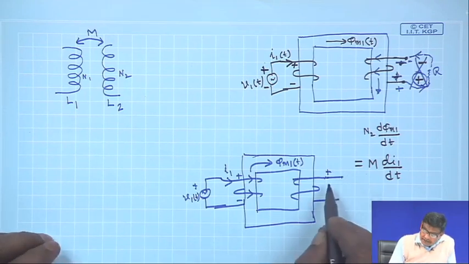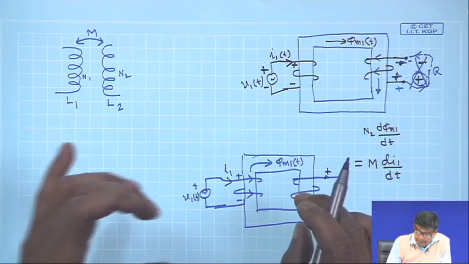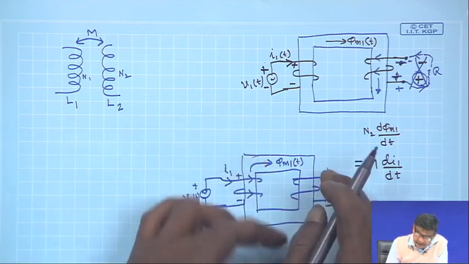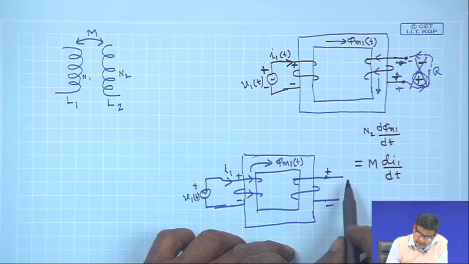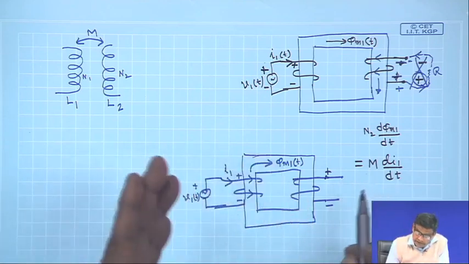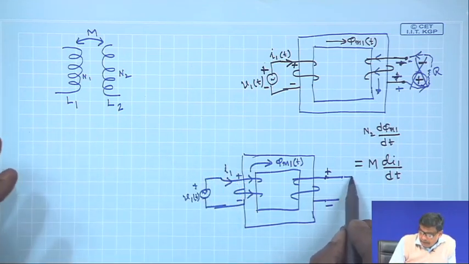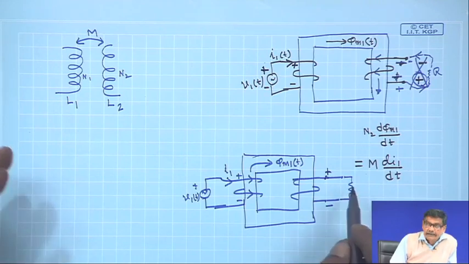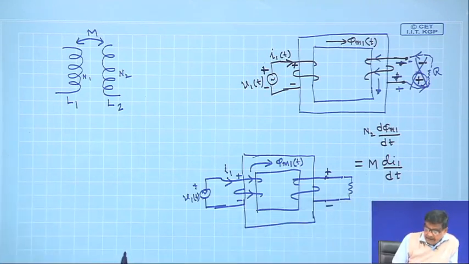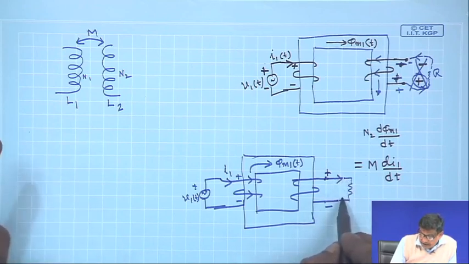So, once again this has become a source of EMF at that instant, with this side plus and this side minus. Let us now try to connect some resistance here. Imagine that a resistance is connected, then this EMF will act, sending some current here, and it has to flow at that instant in this direction.